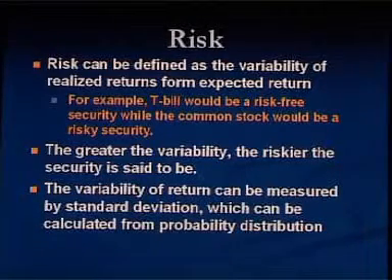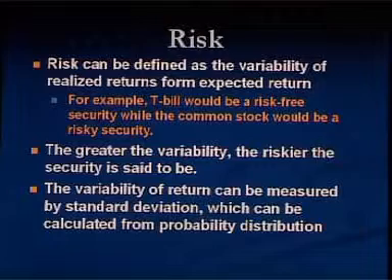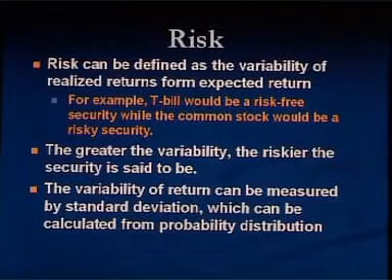The variability of return can be measured by standard deviation, which can be calculated from probability distribution. You just learned that we can take the help of probability distribution to calculate expected return and associated standard deviation for any security. Probability distribution shows different probability for different returns for any security.